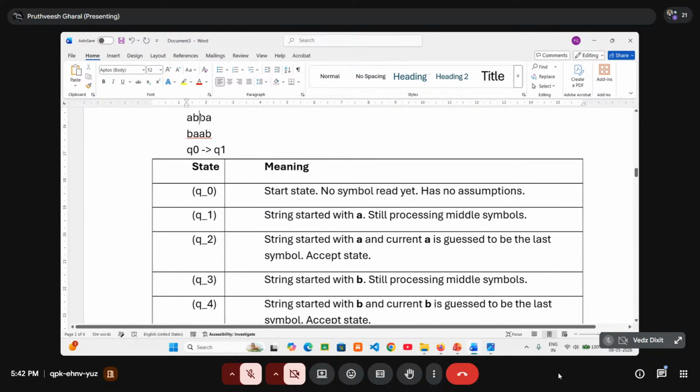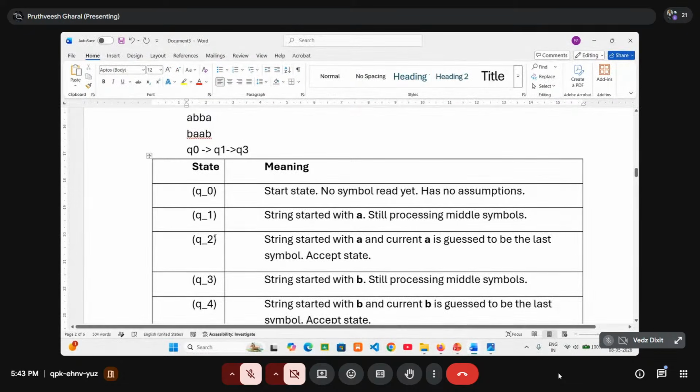The string starts with an A and ends with a B. It starts with an A, but we do not know if it ends with an A. So we tell the automaton to move to the state Q2.